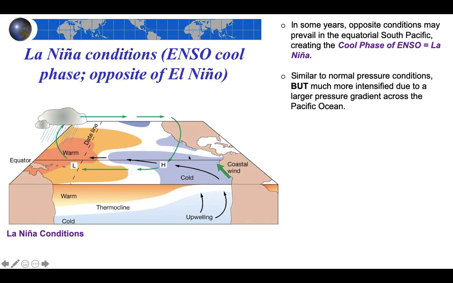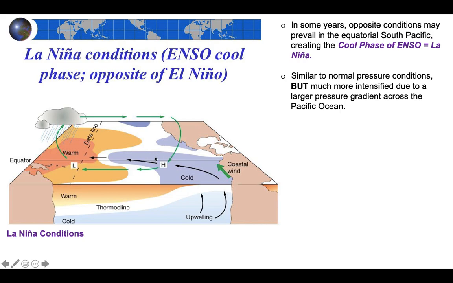So the La Nina conditions are a little bit similar to the normal conditions, except they're much more severe, in the sense that we have now a very strong high pressure system set up in the eastern equatorial ocean off the coast of South America, and in fact also southern North America as well. And the low pressure system off the coast of Australia and Papua New Guinea is very strong.